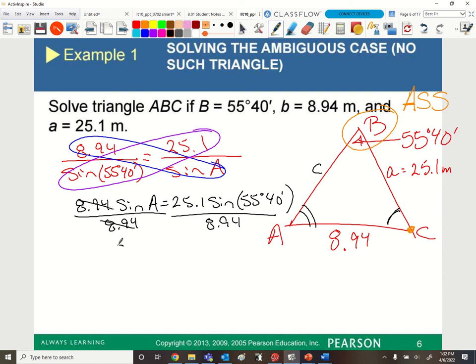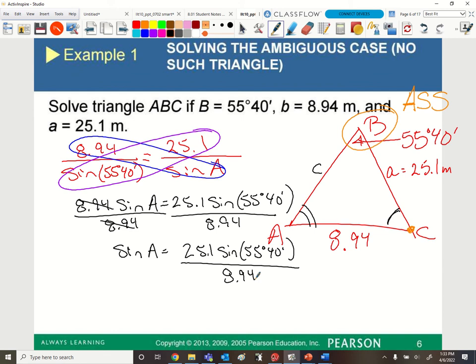So those cancel. I'm left with sine of A is equal to 25.1 times the sine 55 degrees 30 minutes divided by 8.94. Is A now by itself? No. Sine of A is, but A is not by itself. So if I'm looking for the angle, I need to do the inverse, and when I do the inverse, my big A and that big pile of numbers over there switch places.